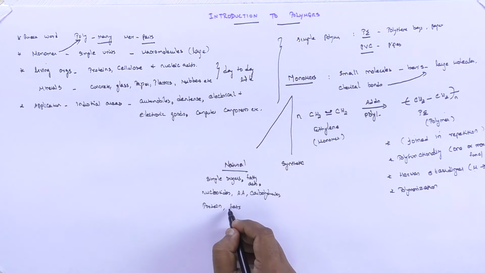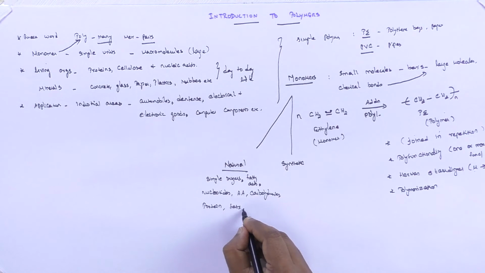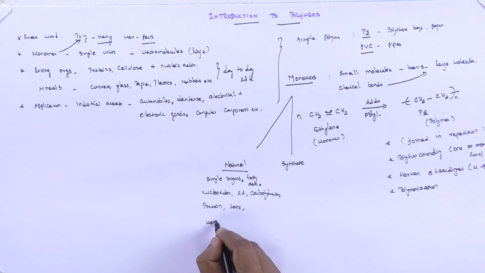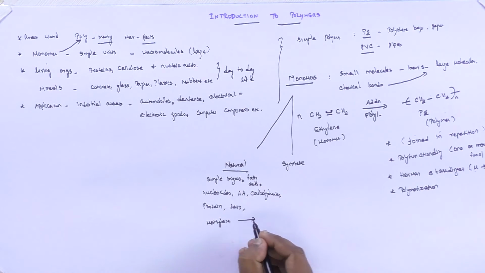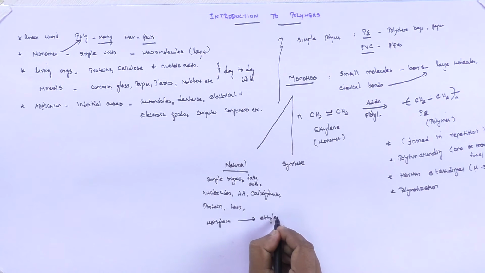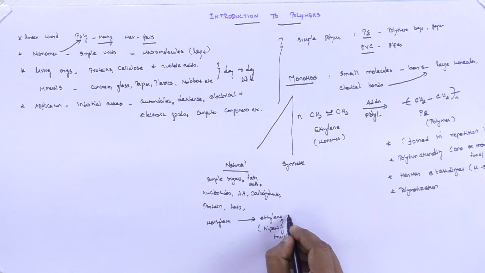All these are natural monomers. One important example is ethylene. This is used in the ripening of fruit. It is an important naturally occurring gas, which is used in the ripening of the fruit.